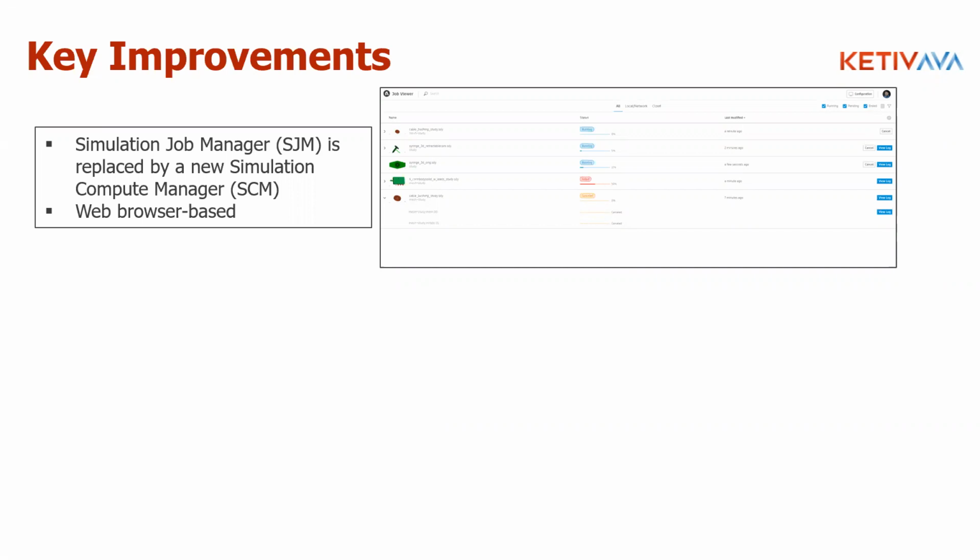Excuse me. You're now looking at the simulation compute manager, which again, like I mentioned, is web browser based. So it's kind of decoupled from your system, and you don't have to worry about that little icon blinking away in your system tray. So we'll talk about all of these in a little more detail.